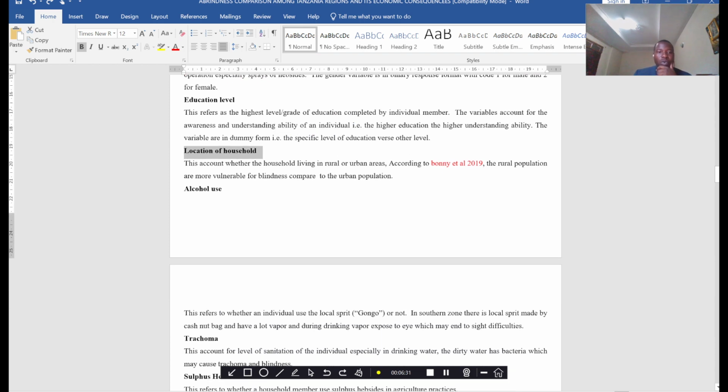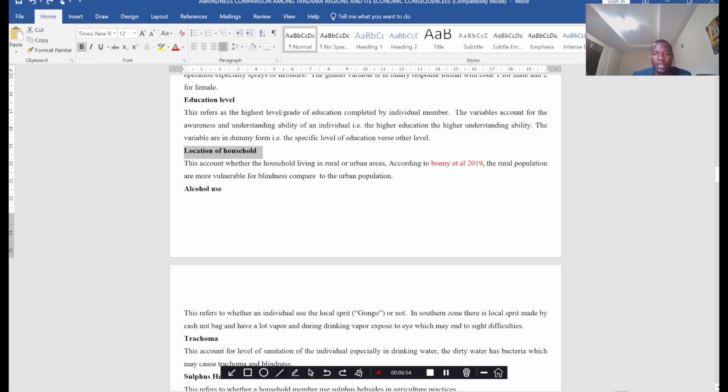We have alcohol use variables. You may find that we have some alcohol which are spirits, like a local spirit called Gongo.